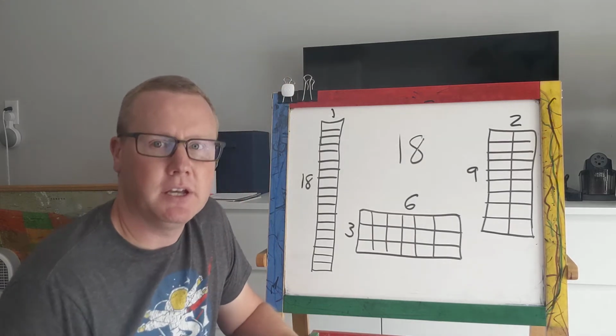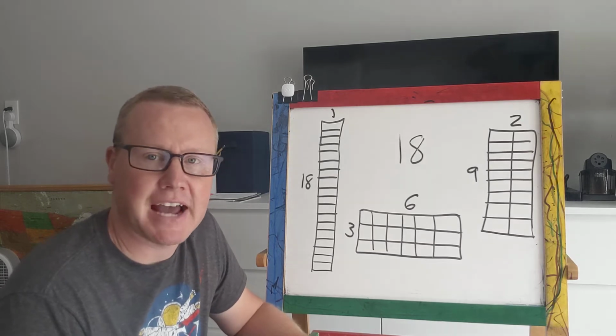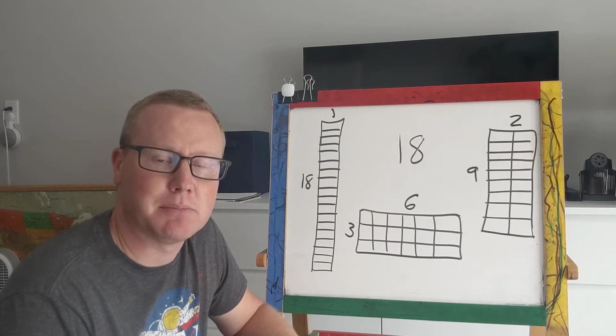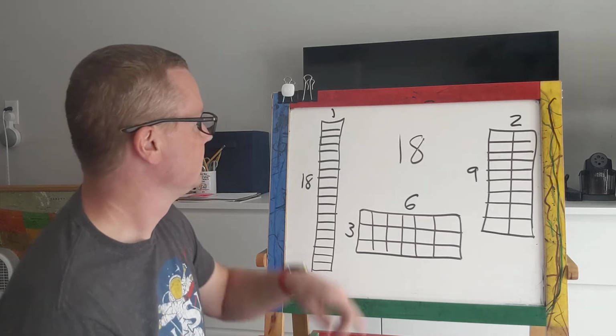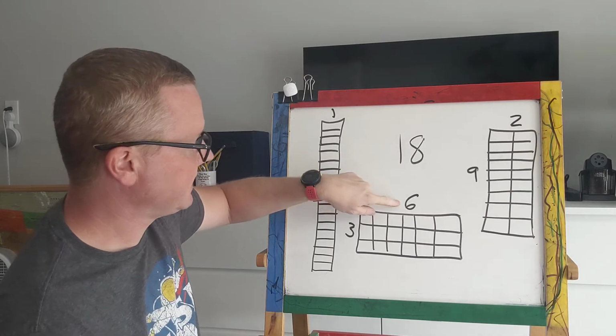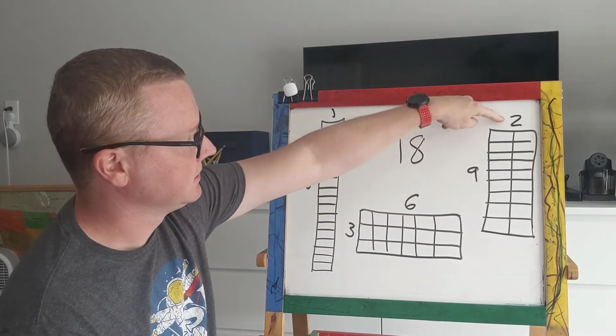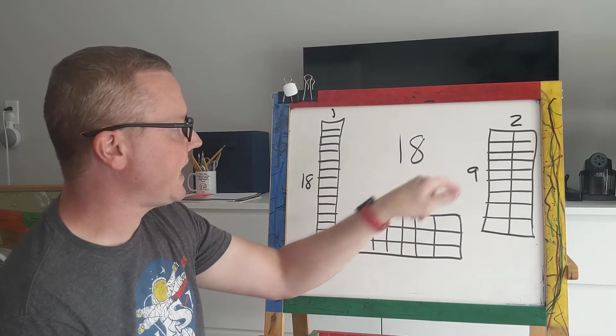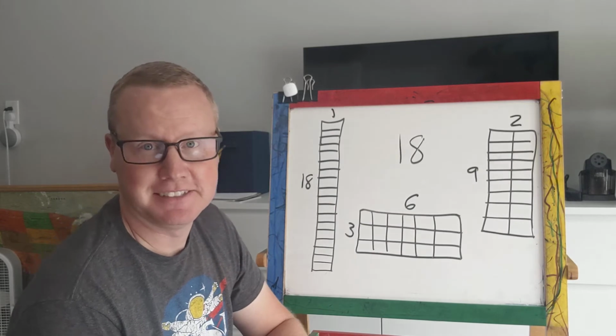Can you tell me where I would find a factor? A factor, remember, is just one of the numbers you would multiply to get a product, not both. So 1 is a factor, 6 is a factor, 9, 2, 3, 18 are all factors of 18.